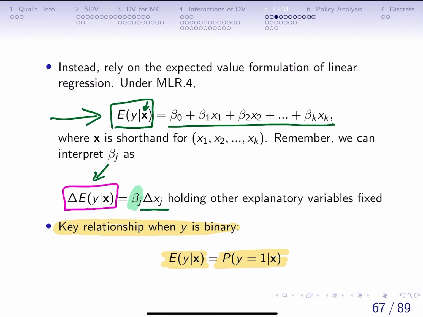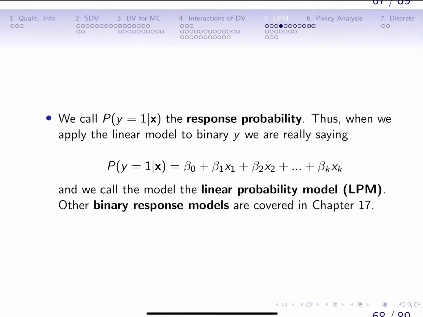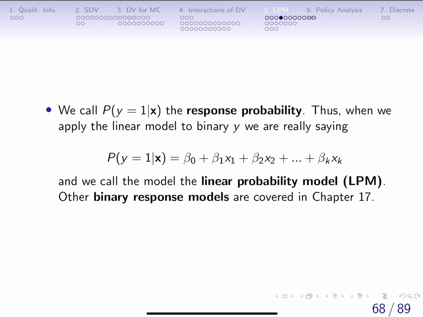And here we are talking about y equals 1 because this is a 0 or 1 event, or y is binary. So since the expected value of y given x is just equal to the probability of y being equal to 1 given x, the probability itself is called the response probability.